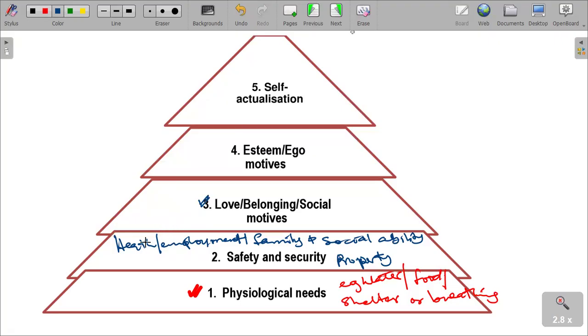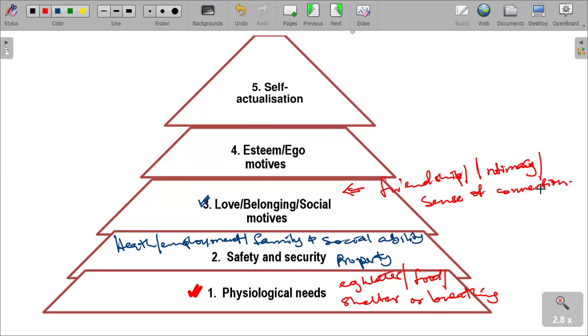It is love, belonging, and social motives. You need to understand that love, belonging, or social motives, according to Maslow's hierarchy of needs, include friendship, intimacy, and a sense of connection.